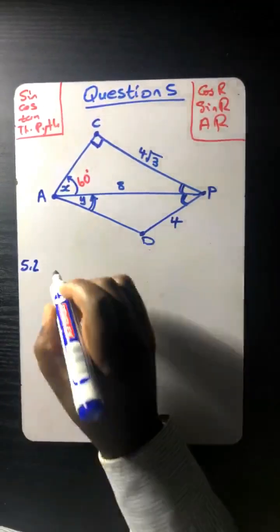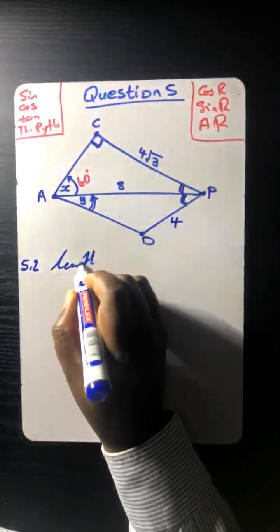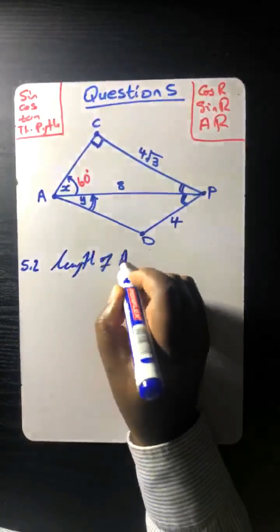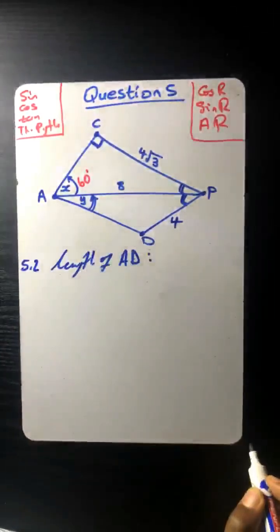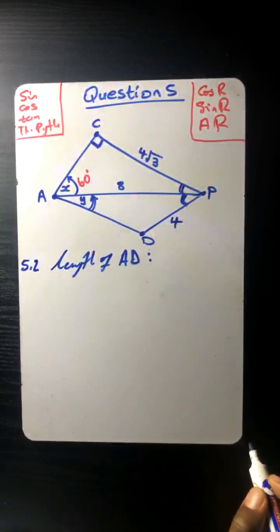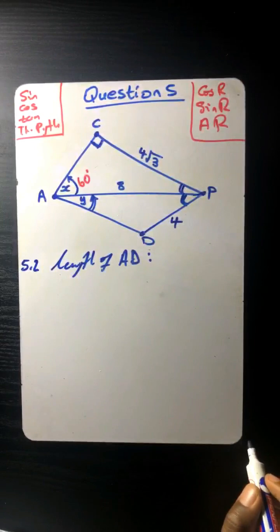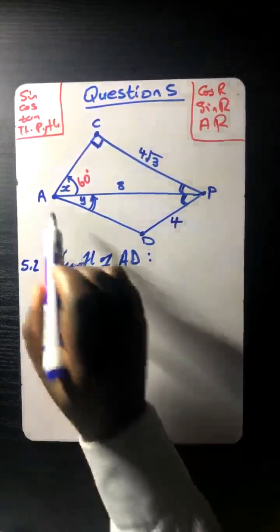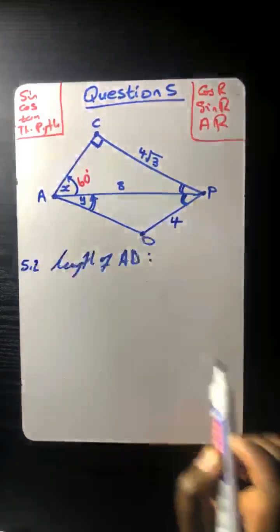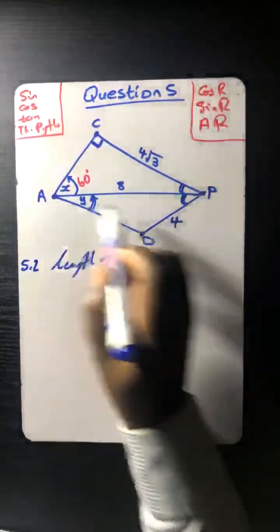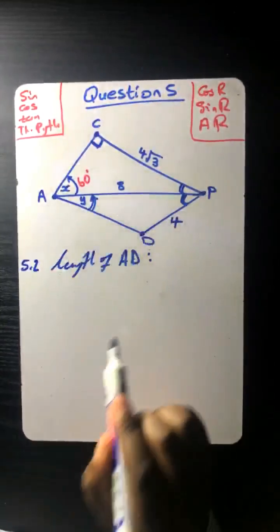So let's see. Calculate the length of AD. That's what the examiner wants you to calculate, the length of AD. The question is, where is AD? There is AD. In which triangle? In the bottom triangle. Is it a right angle triangle?